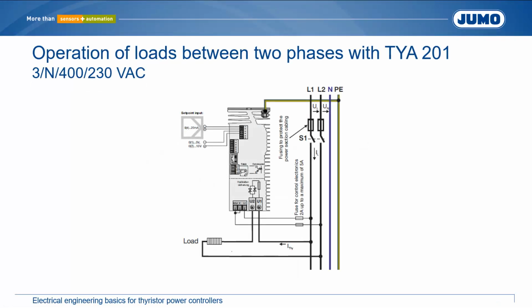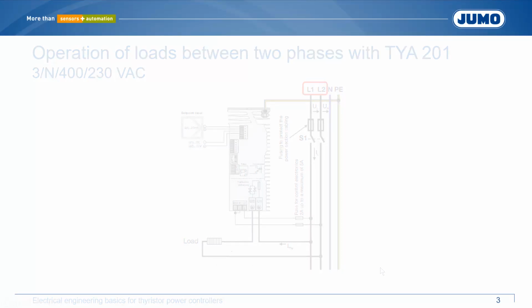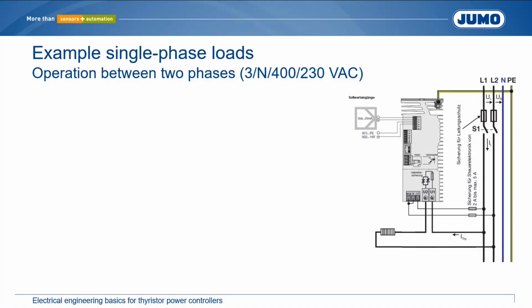Consumers with a rated voltage of 400 volt AC can be operated between two phases, for example via a TYA201. Nevertheless, it is still called single-phase operation. As an example, the dimensioning of an actuator for a heating element which is operated between two phases is considered.